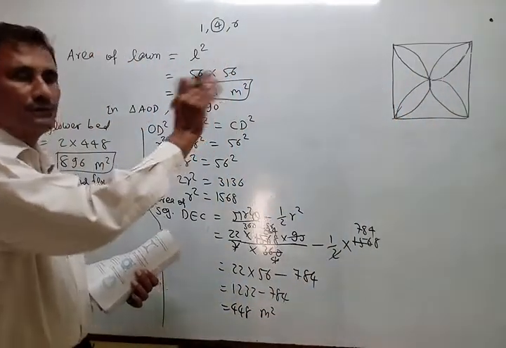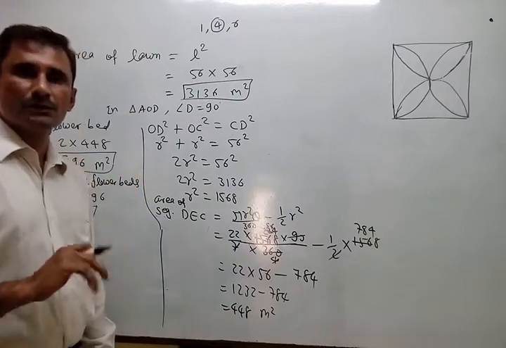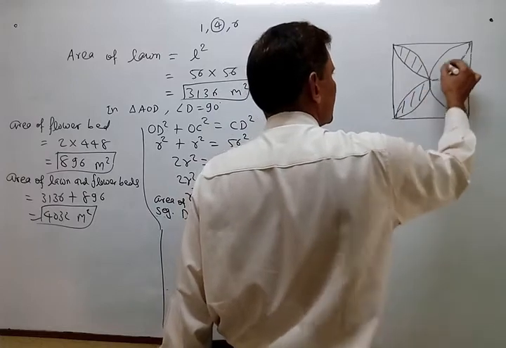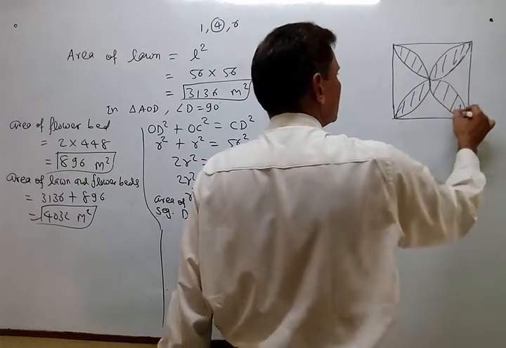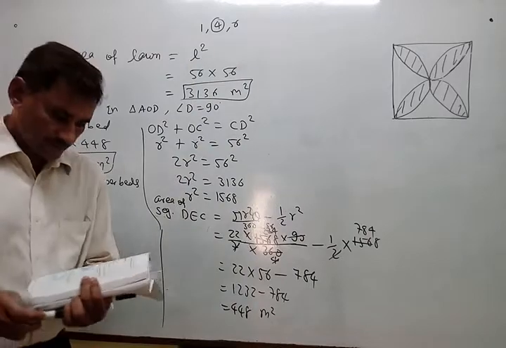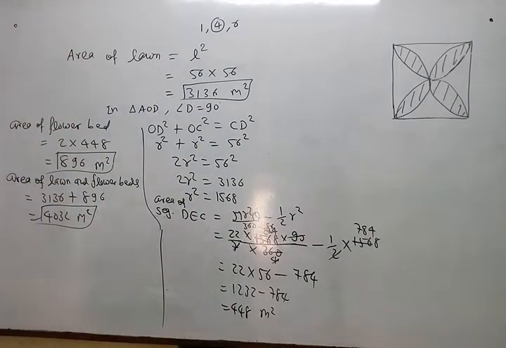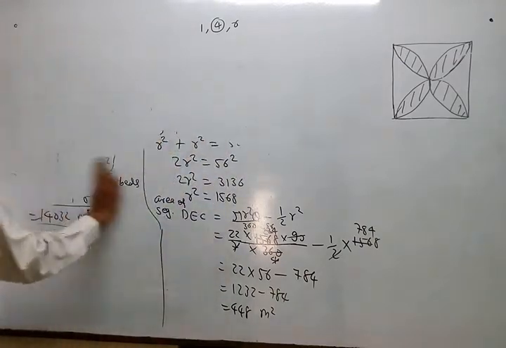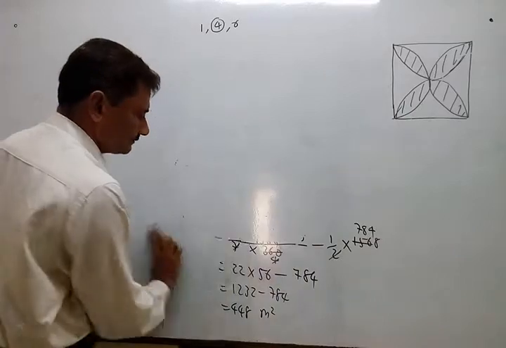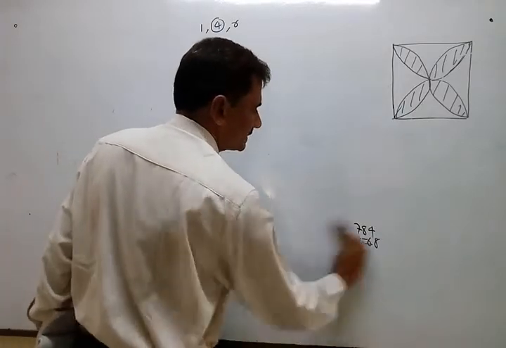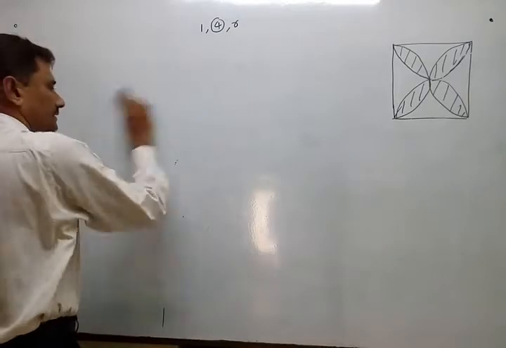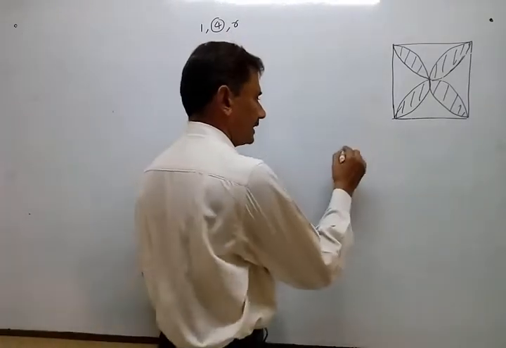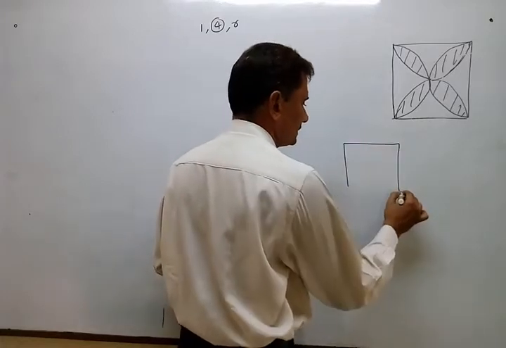In front of you I have drawn that figure. 4 semicircles I have drawn, so automatically this figure is formed. Now this part, the shaded region, is ours. So how to find it first of all? They actually divided this white part into 4 different regions, but we will solve it differently. Just try to understand. I am drawing here one extra figure, just for explanation.